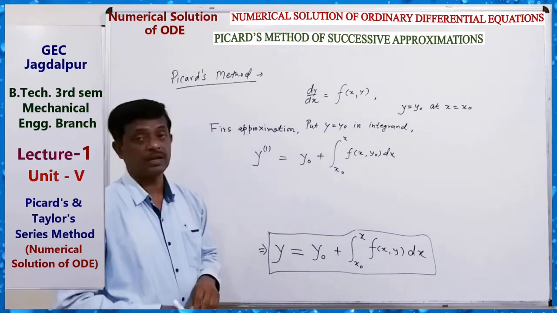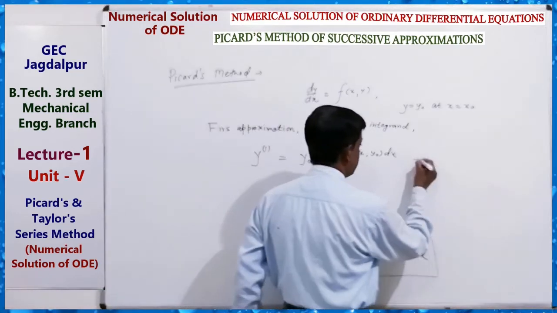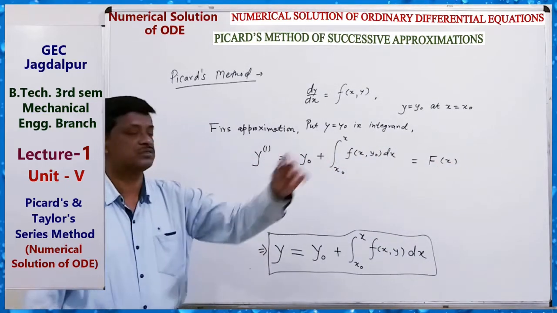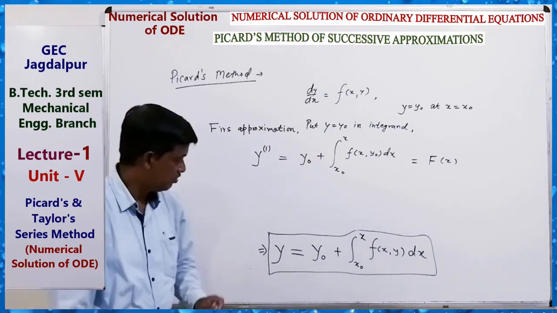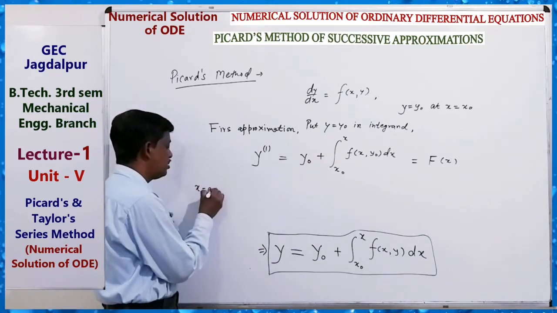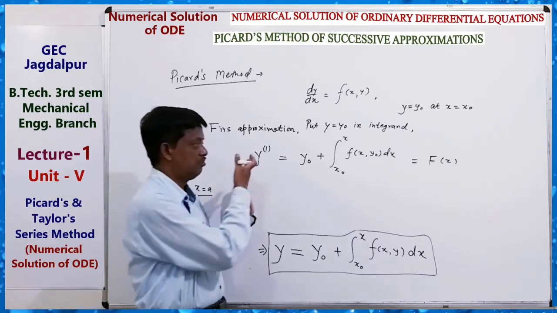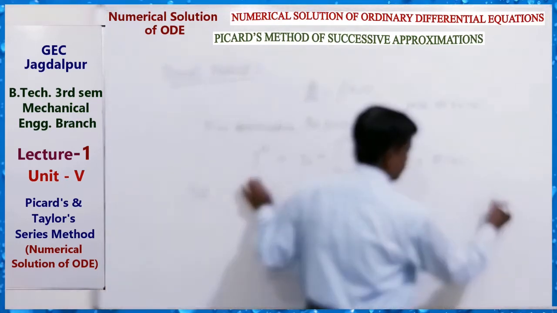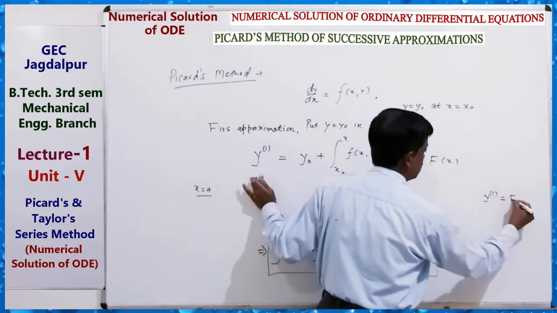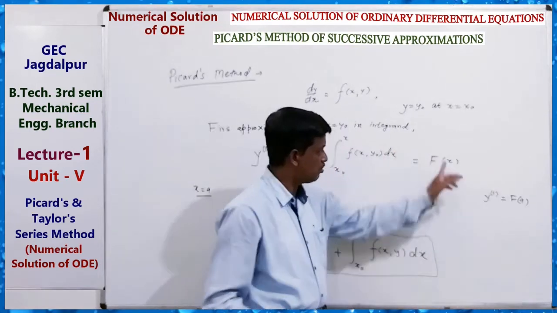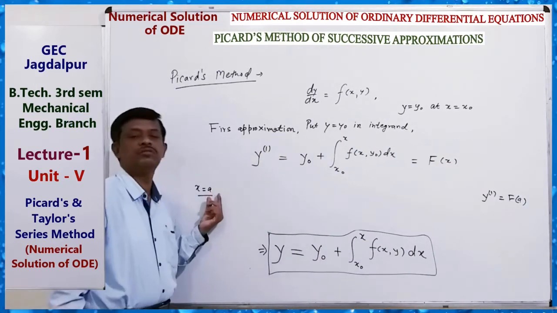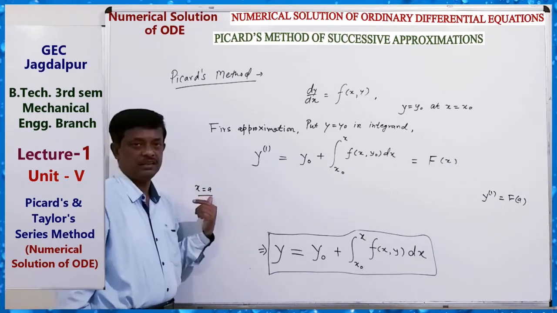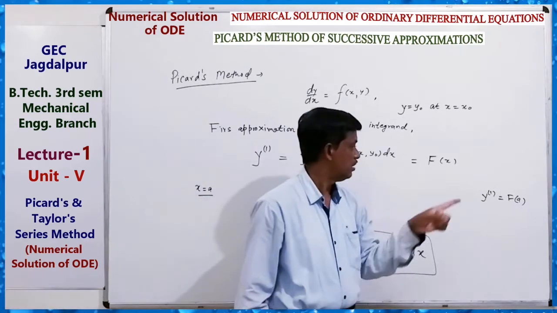So the first approximation is a function of x, and for a particular value of x we can get the value of the first approximation. The first approximation equals f_n, meaning this function of x. For a particular value of x, suppose a, you can put the value of a in place of x.